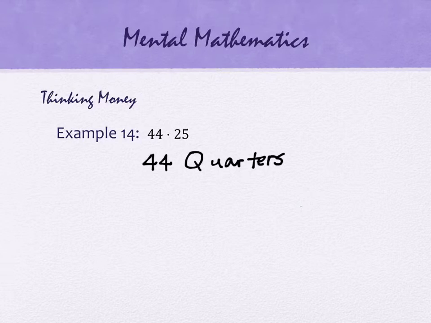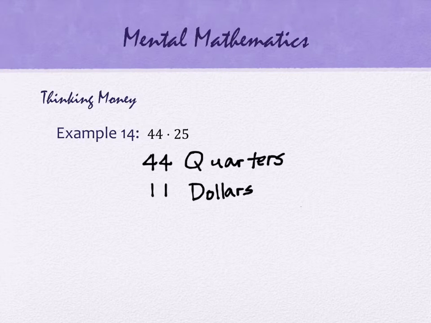So how many quarters are there in a dollar? 4. So how many dollars is 44 quarters? It's 11. It's $11. Okay, so that's $11, but kind of like what Amy said, this is in cents, essentially, kind of what we started out with, because we just started with 25, not 0.25 or something like that. So if I talk about $11, how much money is that now?